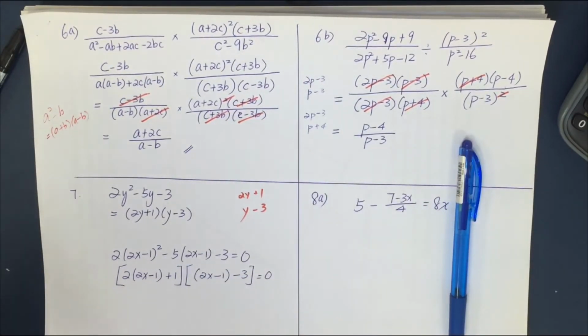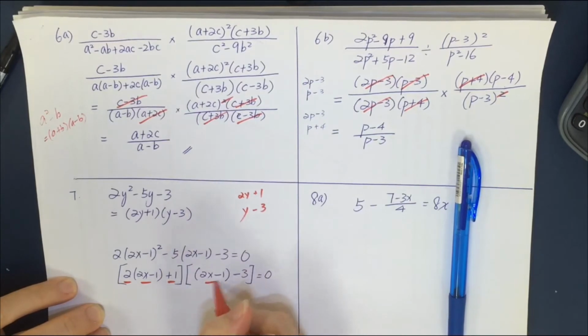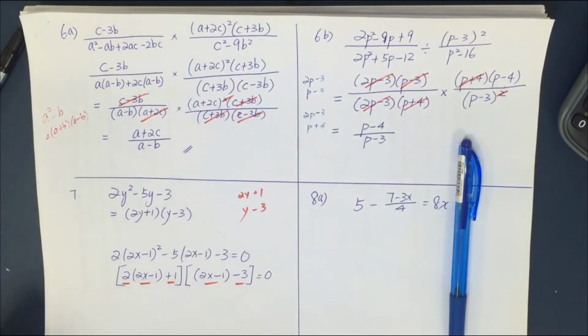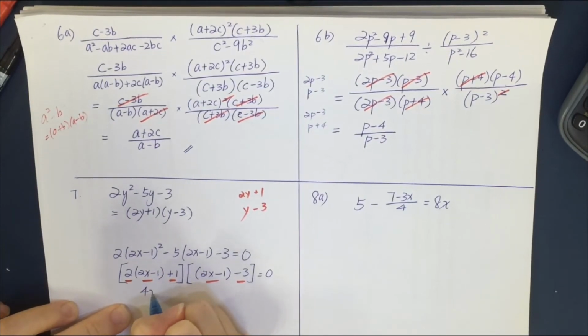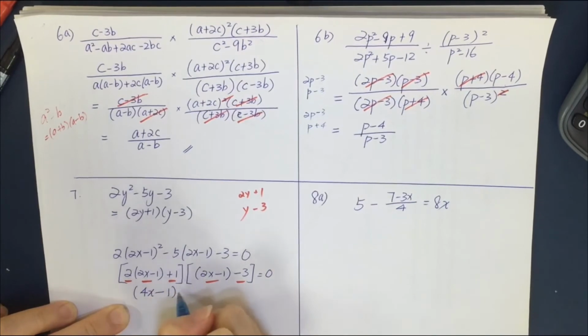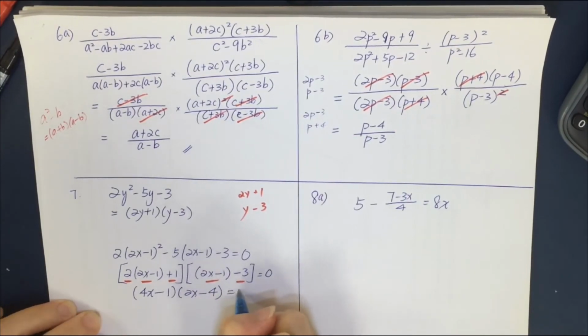See, 2y plus 1, y minus 3. So simplify, I get 4x minus 2 plus 1, so it's minus 1. And then this one is 2x minus 1 minus 3, so it's minus 4, equals 0.